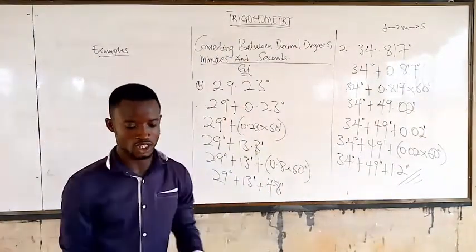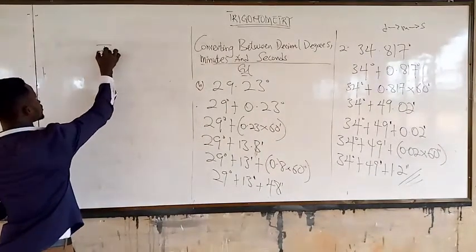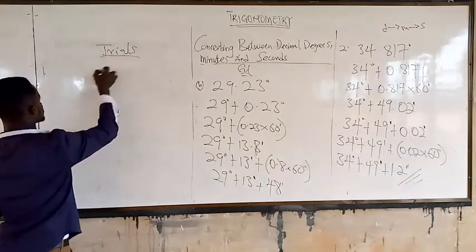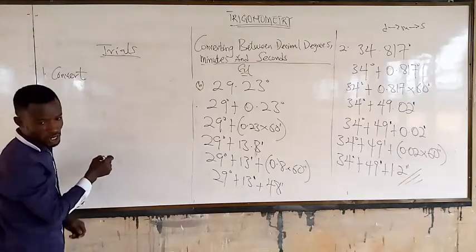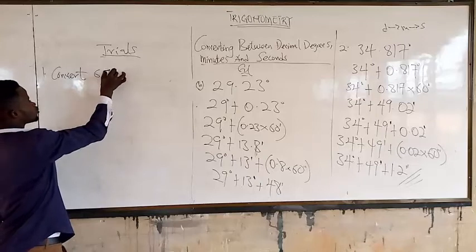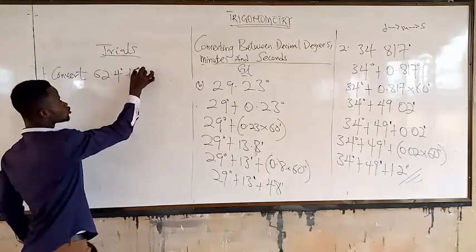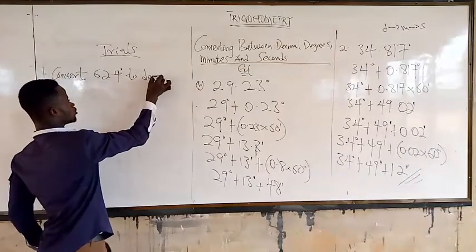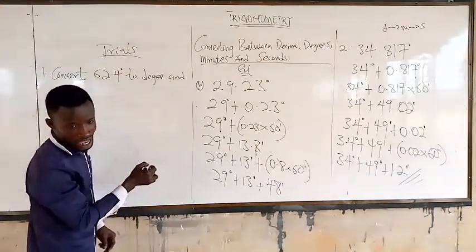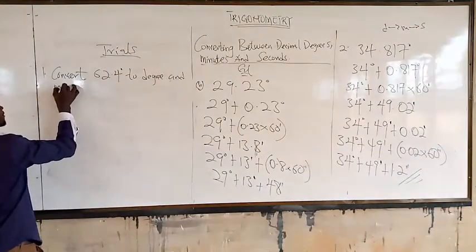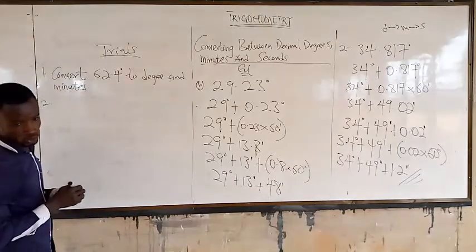So one, you have to convert 62.4 degrees to degrees and minutes. 2.